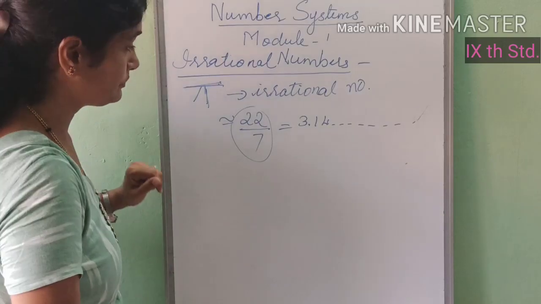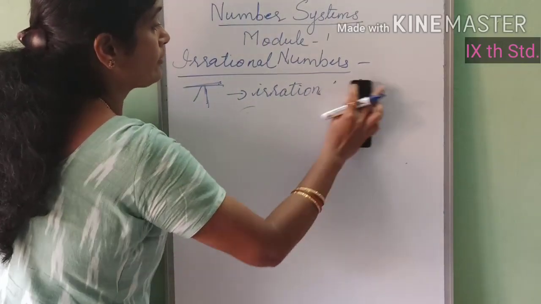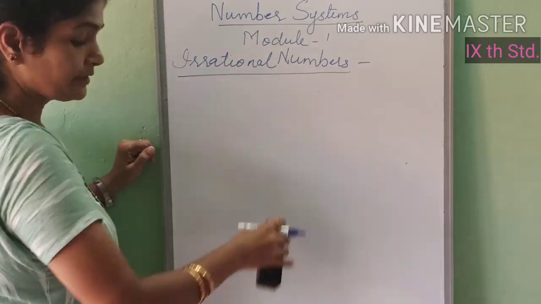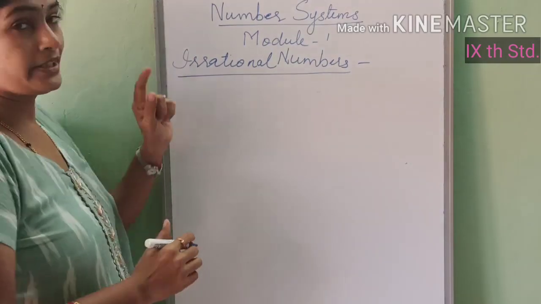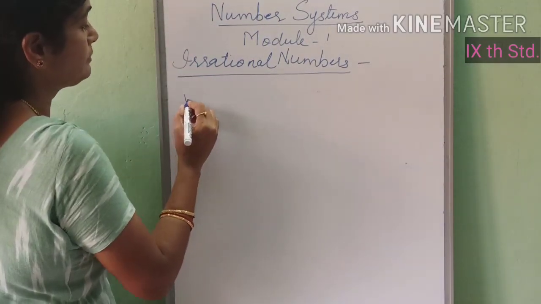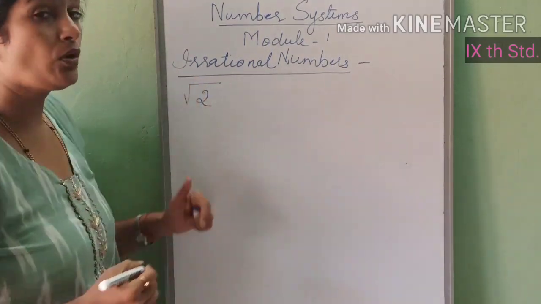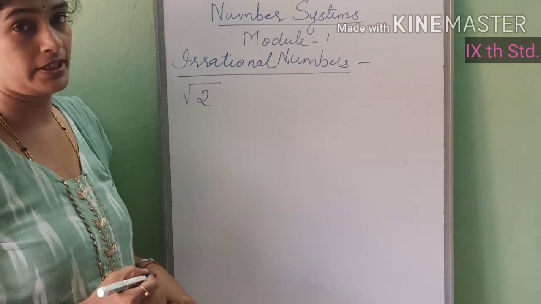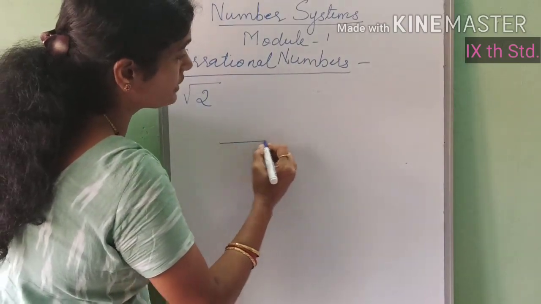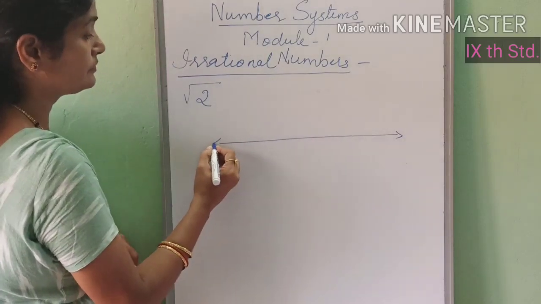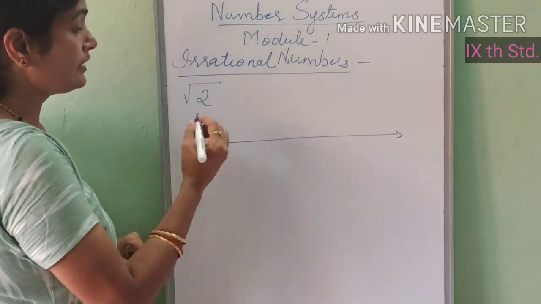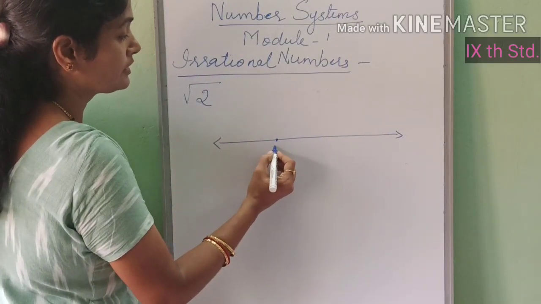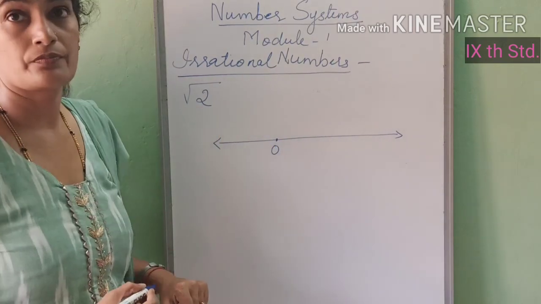Then moving on to this again. Now as I said, we will represent an irrational number on the number line. For example, we will take root 2. So how to represent root 2 on a number line? First, we will draw a line. Then we will mark 0.